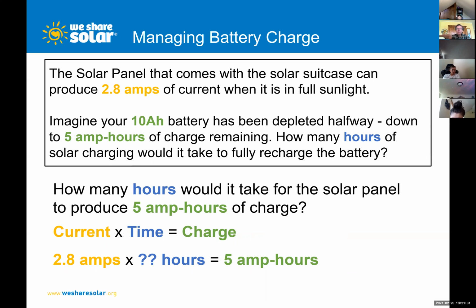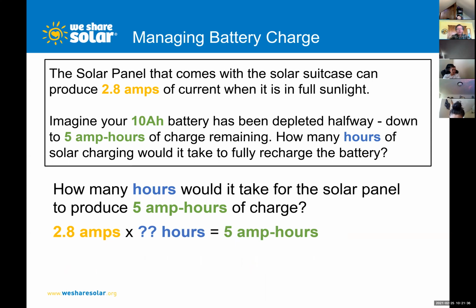We divide both sides by 2.8, and 5 divided by 2.8 is 1.8. So it'd take just under 2 hours to charge up the battery in this scenario. Any questions?